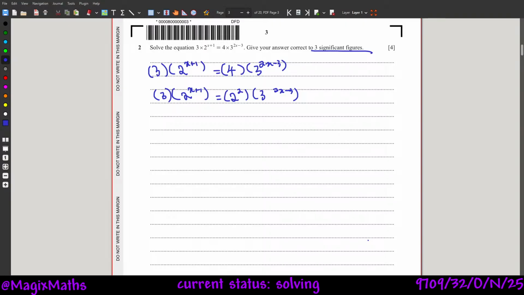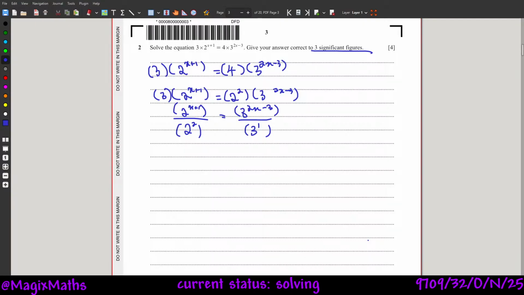So I would try to isolate the bases, as in the base here is 2, so we'll isolate them. We'll have 2 and 2 together, and then 3 to the power of 2x minus 3 over 3 to the power of 1.